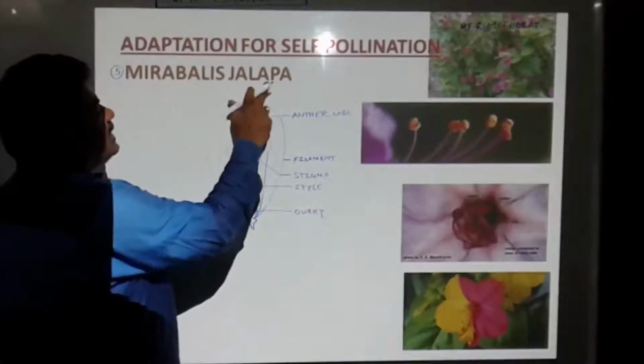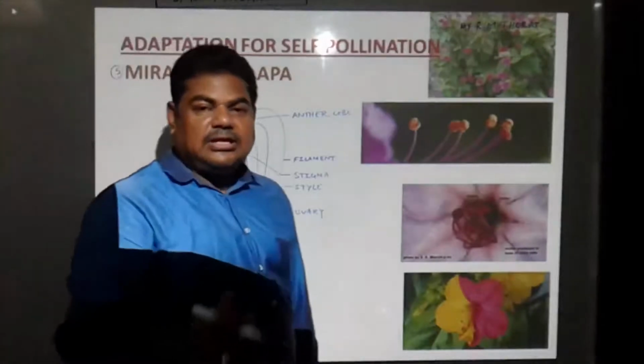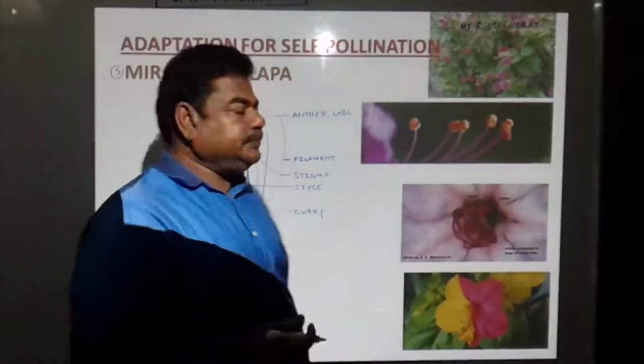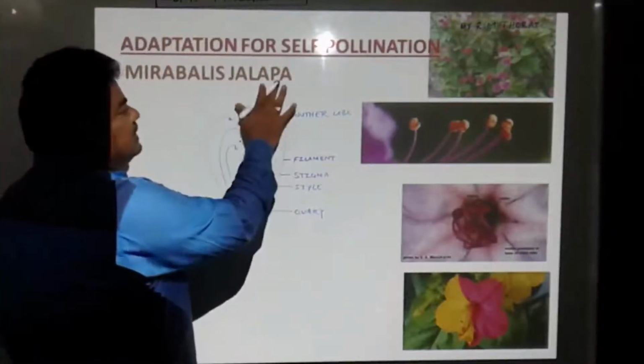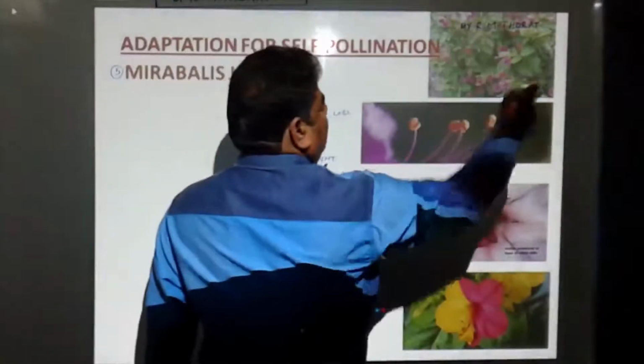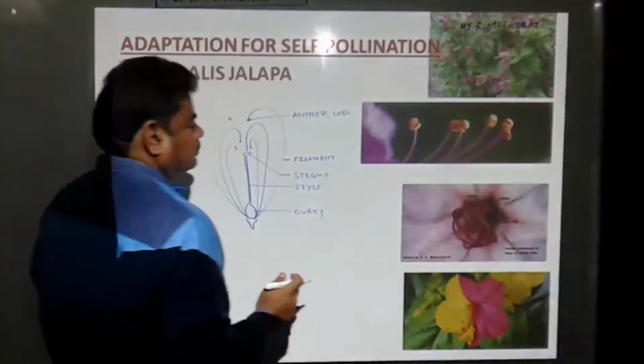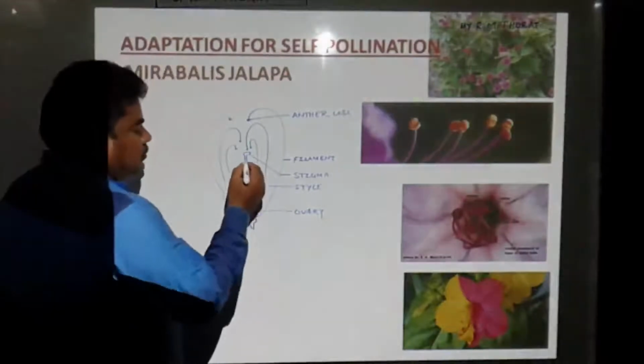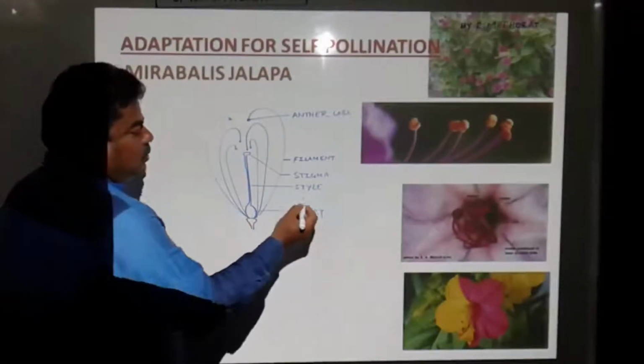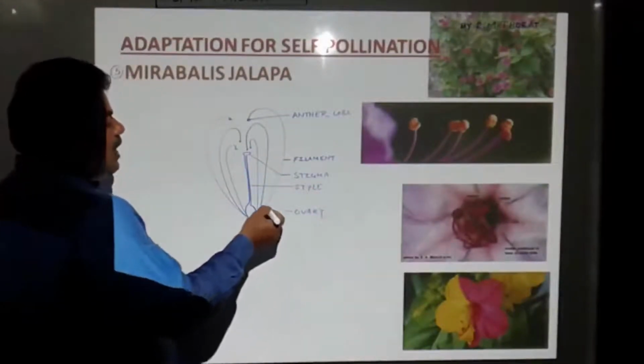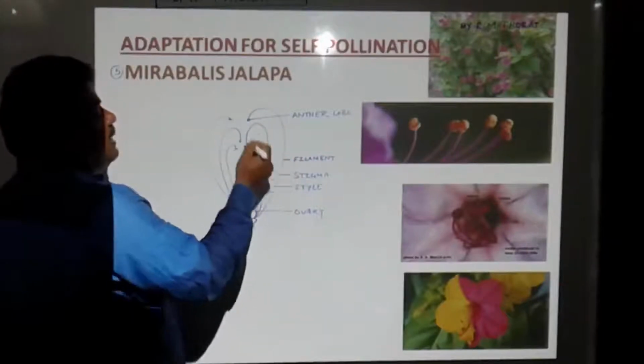Now the fifth type of adaptation for self pollination, we'll see in case of one good example, Mirabilis jalapa. That is a 4 o'clock plant. In case of this plant, this one is the female reproductive organ, consisting of ovary, style and stigma, and these all are the male reproductive organs.